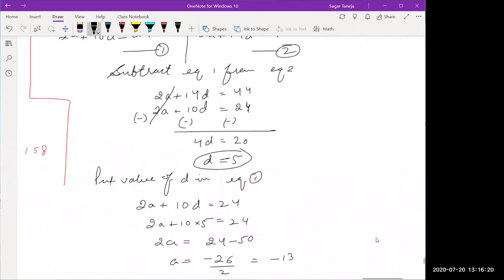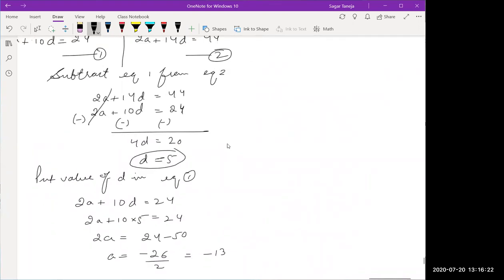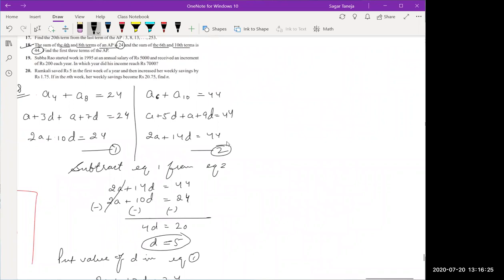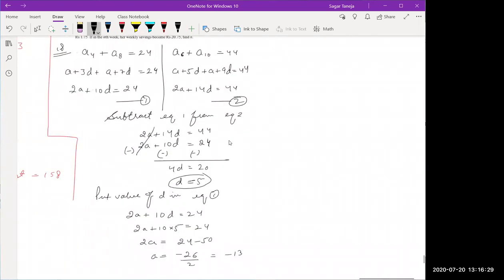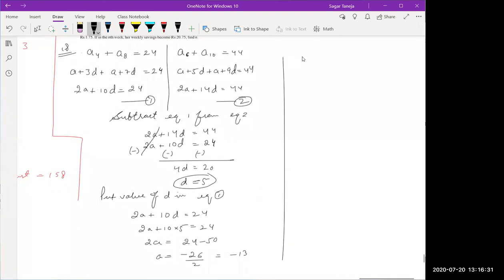And with the help of this, we can find out what? Only a and d. They are asking to find the first three terms of an AP. So first term is only minus 13. And second term will be a plus d. So it is minus 13 plus d, d is 5, so it is minus 8. And third term in the same way it is a plus 2d. Or we can write like this also: second term plus d.